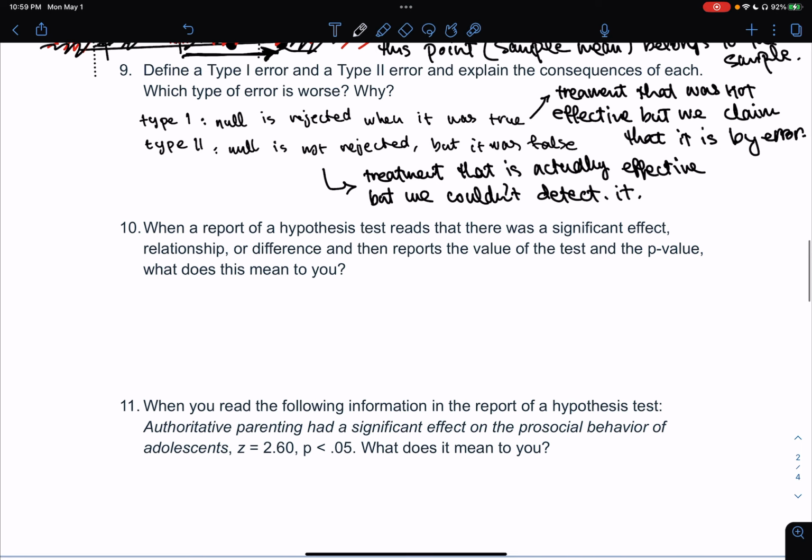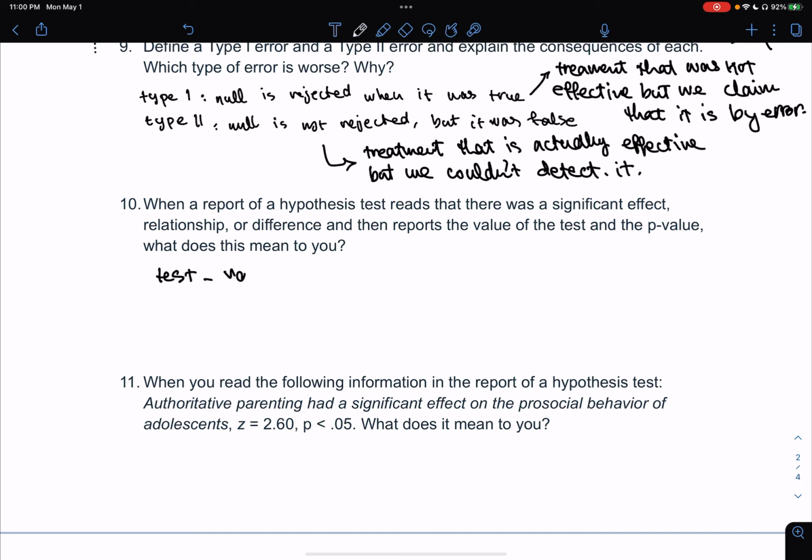When we report the test value, it is the value that corresponds to the sample you had.